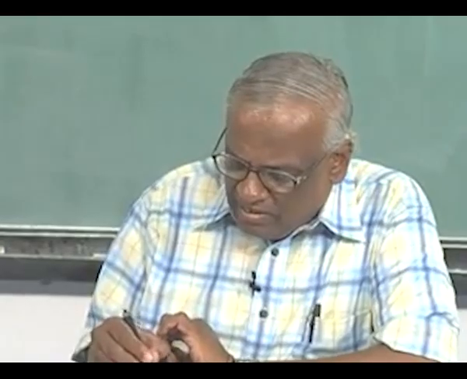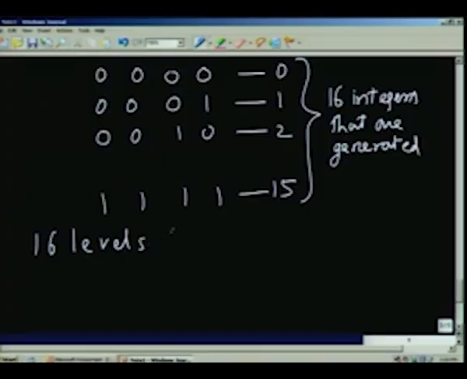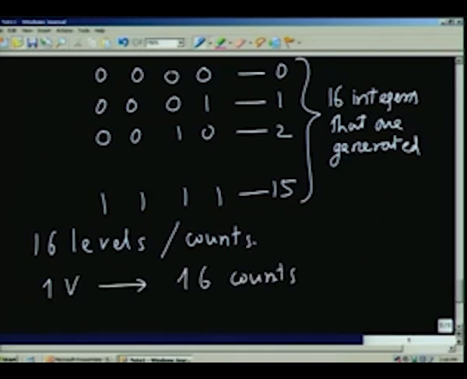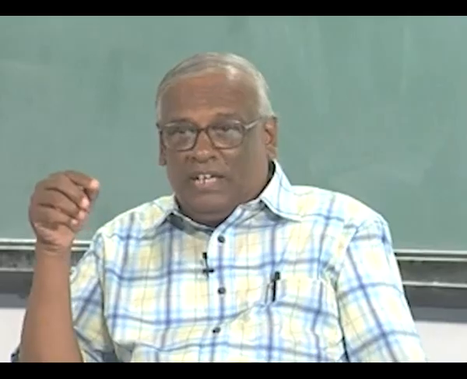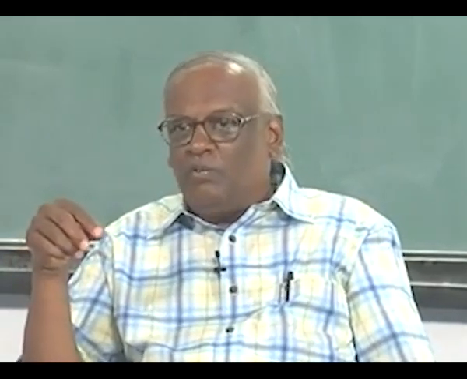They are also called counts. There are 16 counts. So, if 1 volt corresponds to the 16 counts, the least count, also called the resolution, is 1 over 16. That means the steps by which I can measure the voltage is in terms of 1 over 16 volts. Count number 1 will correspond to 1 over 16 volts.